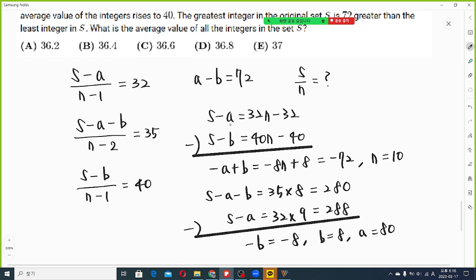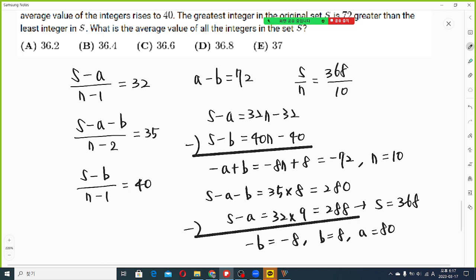So now, what is S? From here, if A is 80, S is 368, because we are adding 80 to 288 to find S. I was using S minus A minus B. Okay, so the value we want is 368 divided by 10.